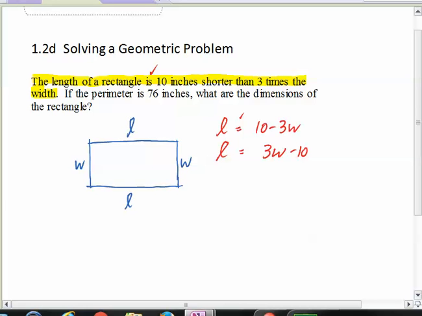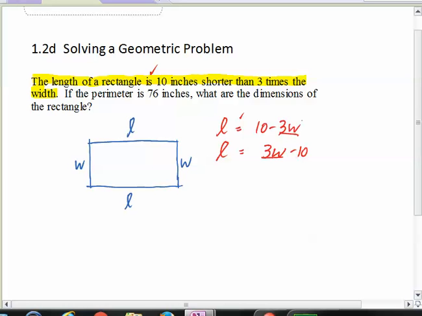I'm putting both of those out there because I want you to think about when you see something shorter than, 10 inches shorter than 3 times the width. So there's the 3 times the width right there. 10 inches shorter than something, doesn't the something have to be there first so that we can then take the 10 inches from it? So indeed it does.